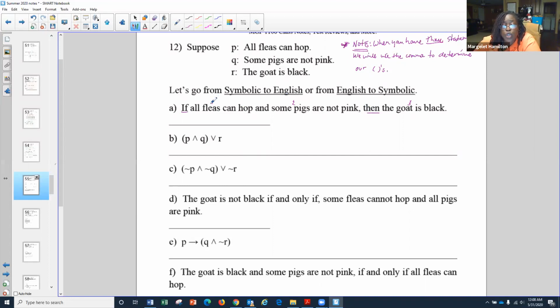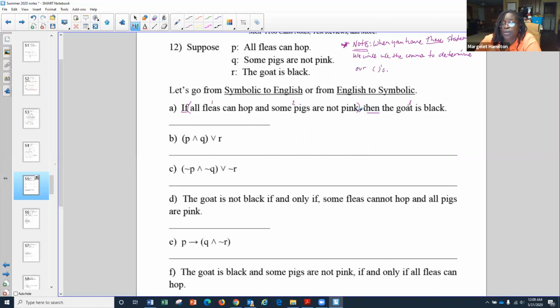The first two statements are before your main connective, the main heart of your problem. So we know that the whole gist of this statement is an if-then statement, but your first two statements are before you get there. That tells us that your parentheses are going to go before it, holding these two simple statements together, joined by this and. Okay?